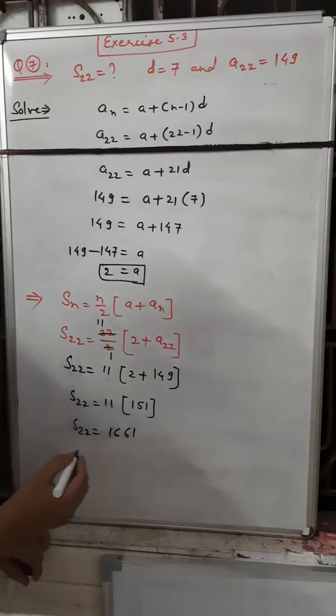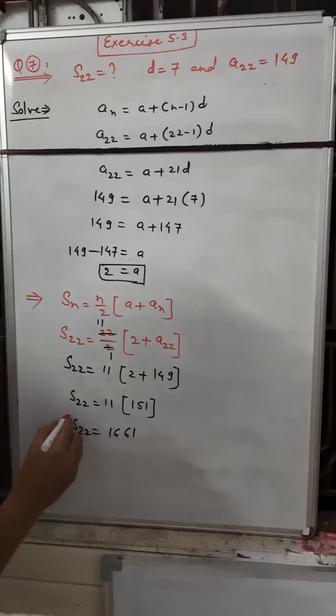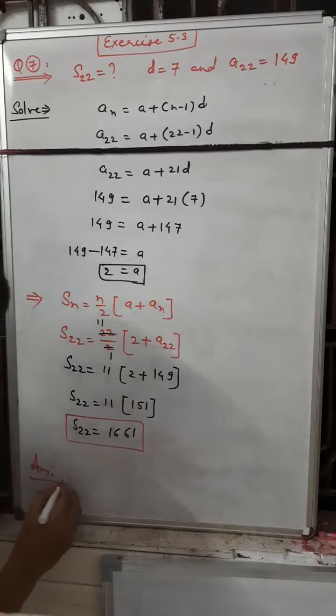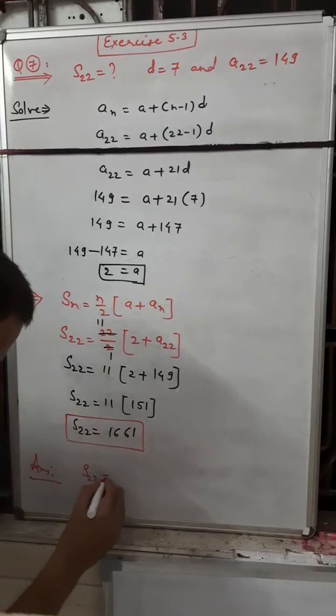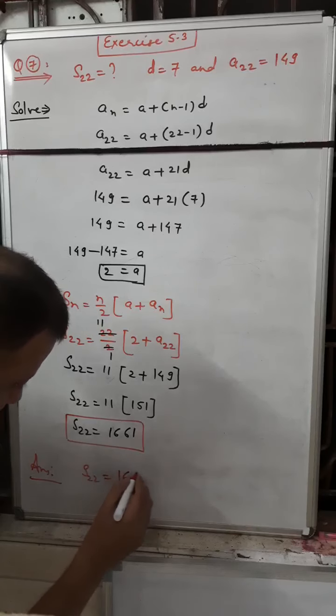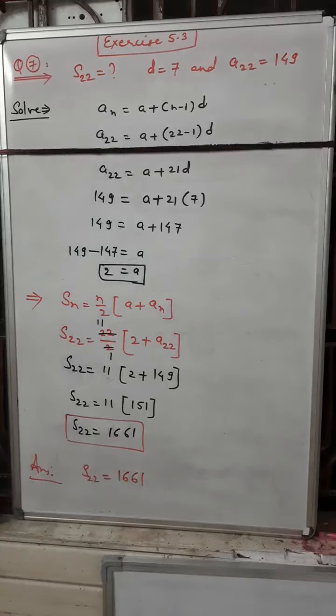So we got S22 is equal to 1661. That is the answer of this problem: the sum of 22 terms is equal to 1661.